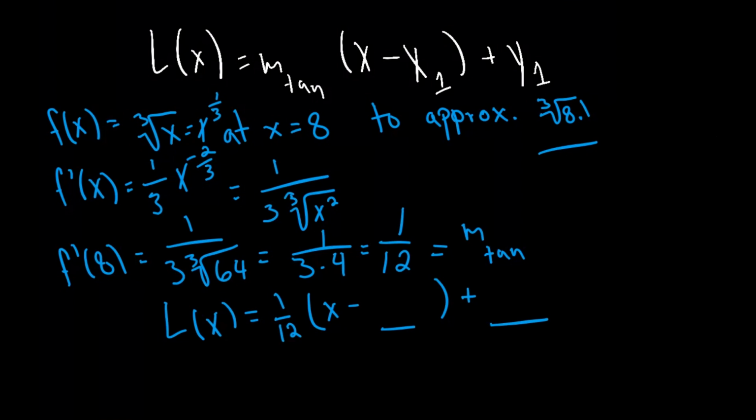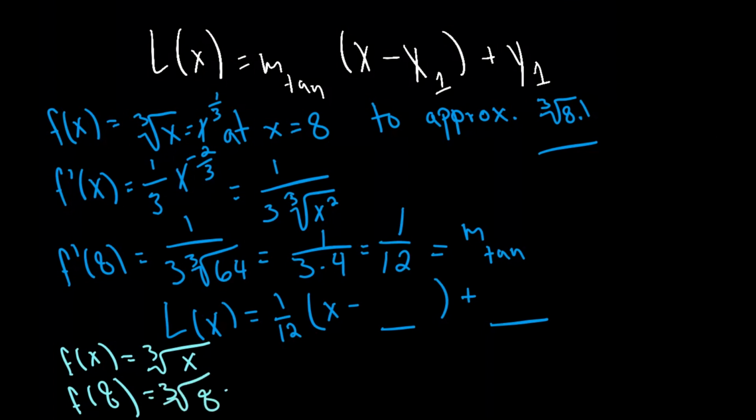Our original function is f of x equals the cube root of x. So what happens when we plug in 8? f of 8 equals the cube root of 8, which we know is just 2. So our output is 2, and our input was 8. This is good now that we have our equation.